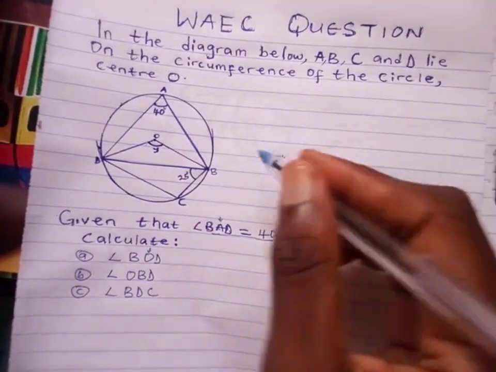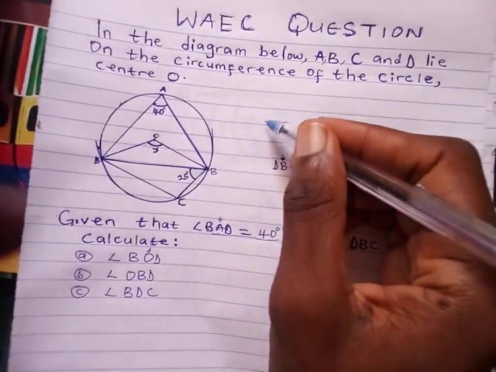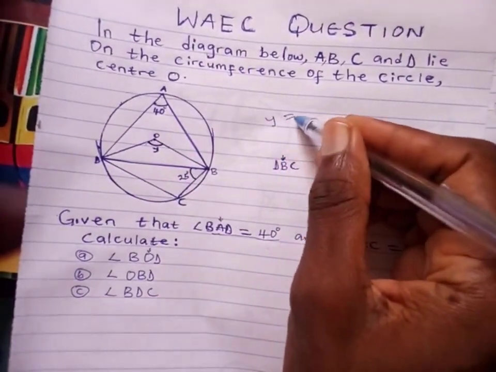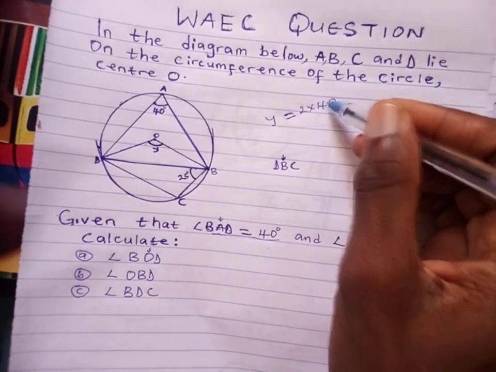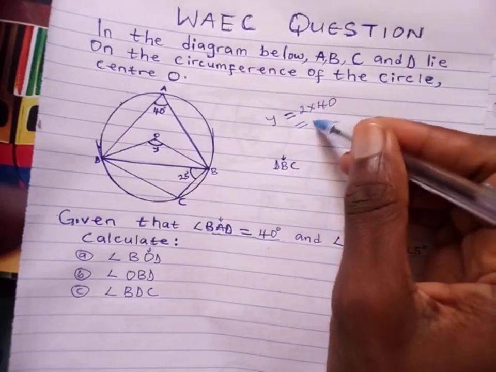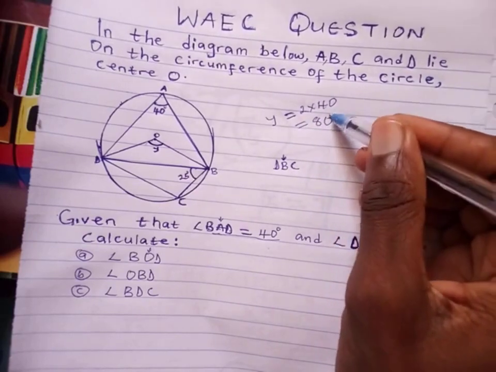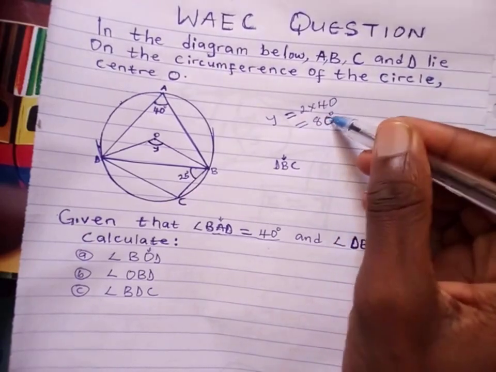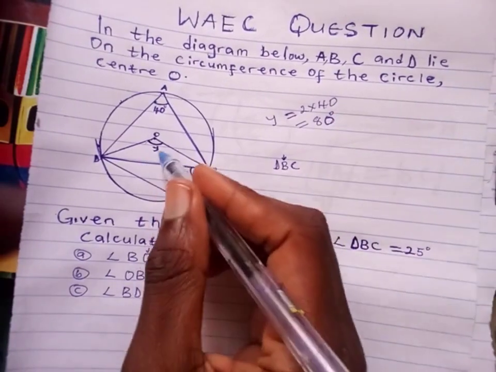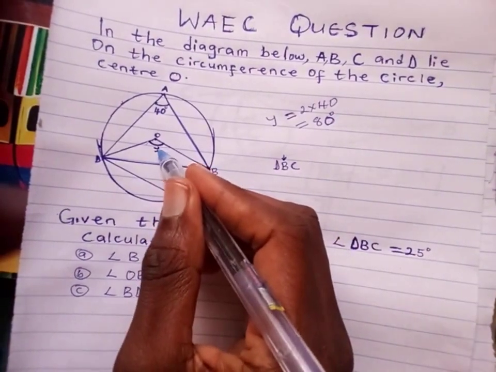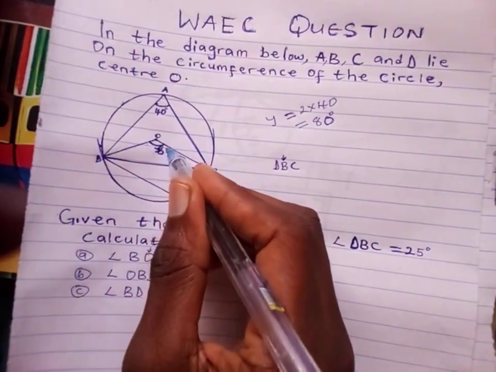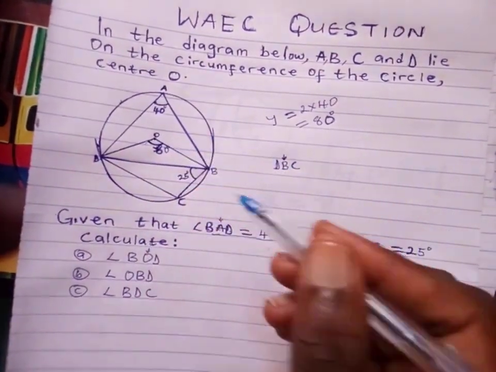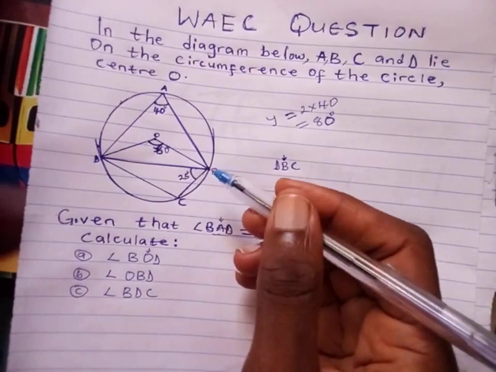Okay, so it means that Y is going to be equal to 2 times 40 degrees. So Y would then be equal to 80 degrees. This is just what it means. So meaning that the angle at this very point is going to be 80 degrees. So that's the angle that is going to be at the center, 80 degrees.